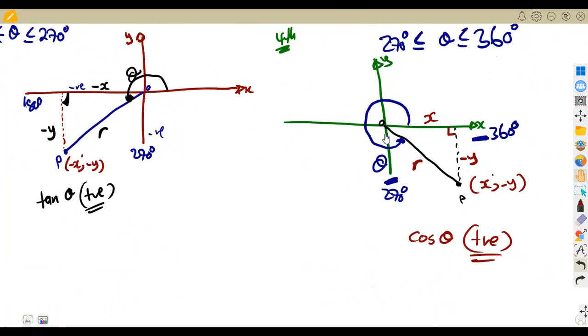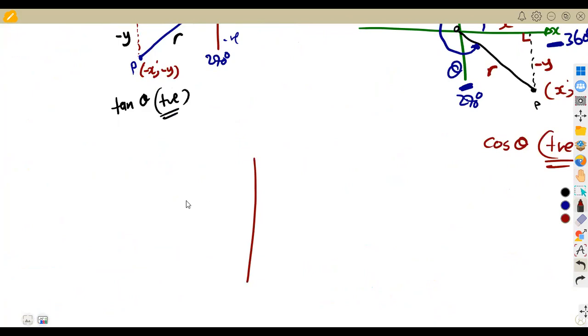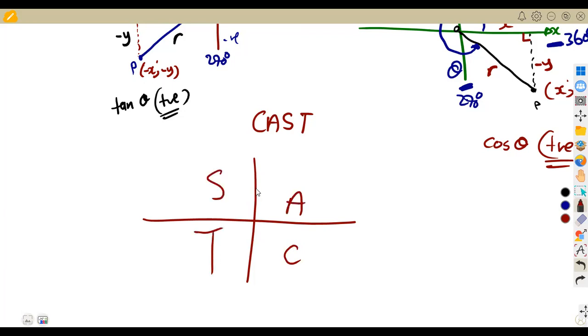So you can conclude from this whole thing that we can use the CAST concept to have our indication of angles. Using CAST, you're going to start in this quadrant. It's going to be CAST like this. What does this CAST mean? It means that A, which is all, from the first quadrant, from 0 to 90 degrees, all of the trigonometrical ratios are going to be positive.